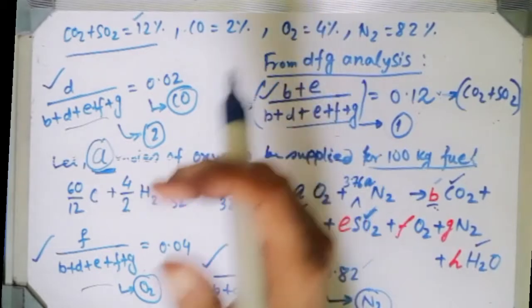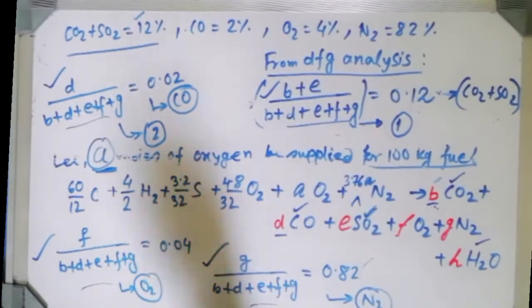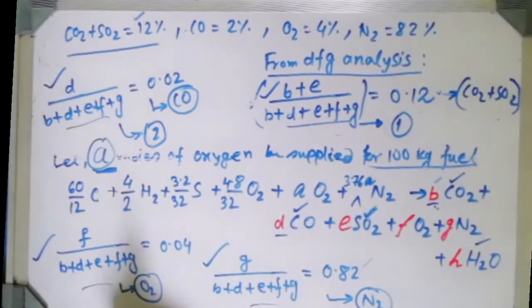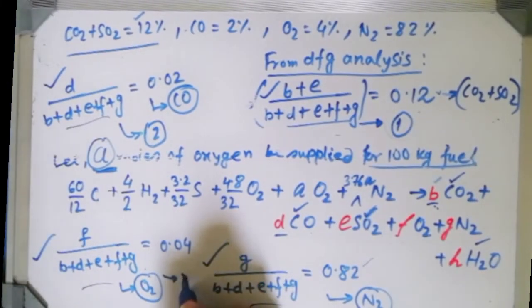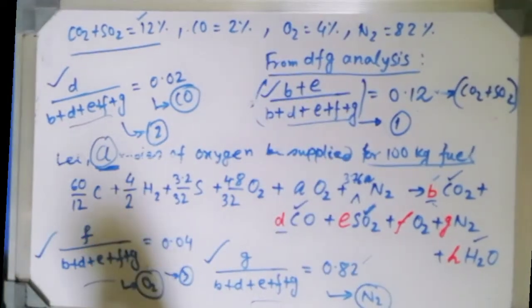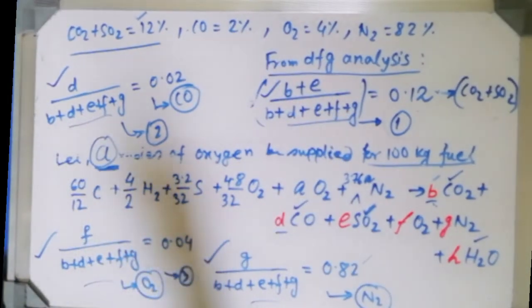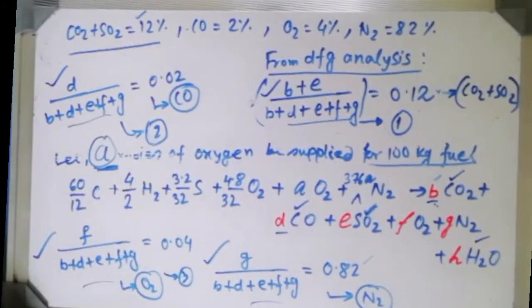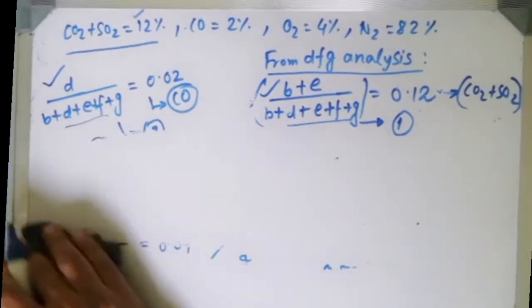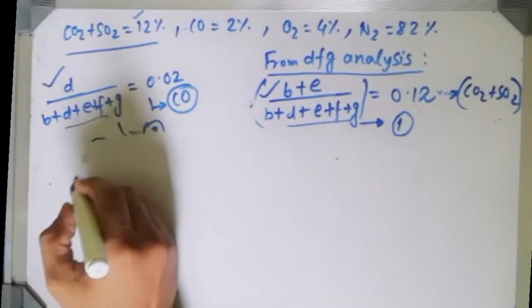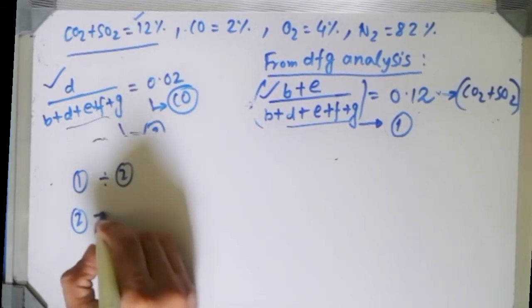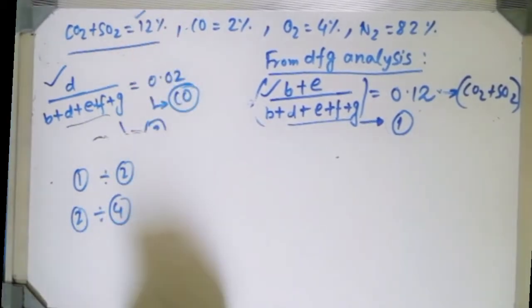So by this dividing technique, you can easily solve these equations. Are you getting me? Just follow the simple division technique, 1 by 2 or 2 by 4. If you divide these equations, obviously the denominator part immediately vanishes. So by solving those 4 equations, you can use any method. You have to find this value.